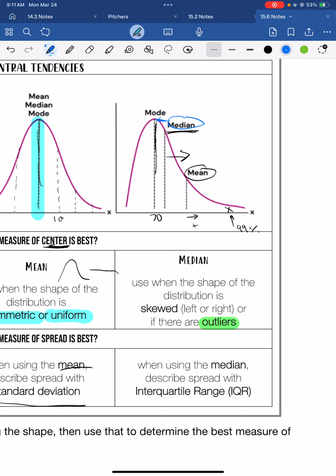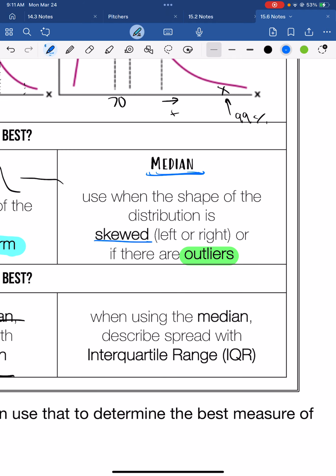So whenever our data is skewed, we are going to use the median. It doesn't matter if it's skewed left or right, we are still just going to use the median. So when we use the median, we are going to use the interquartile range, which we used yesterday when I was there. This is when you do Q3 minus Q1. This is how you get IQR.